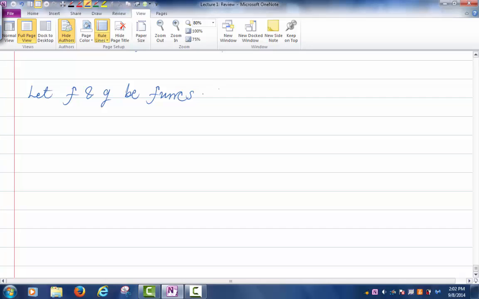The composition of f and g is given by f circle g. That's the notation we use for the composition of the two functions.